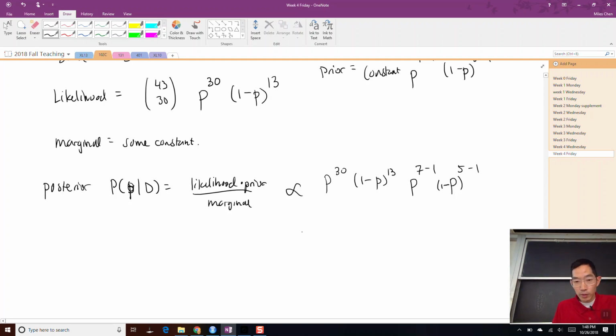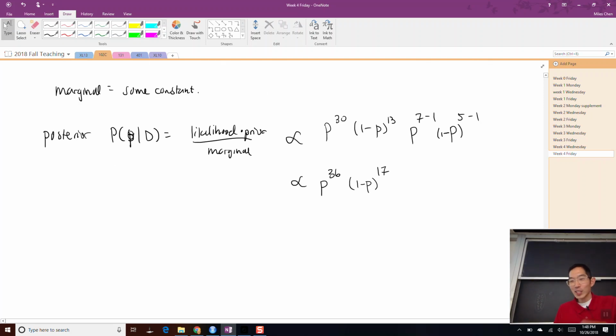Okay, and then so this has got to be proportional to P to the 36, and 1 minus P to the 17. Is that right? Did I add correctly? Okay, good.